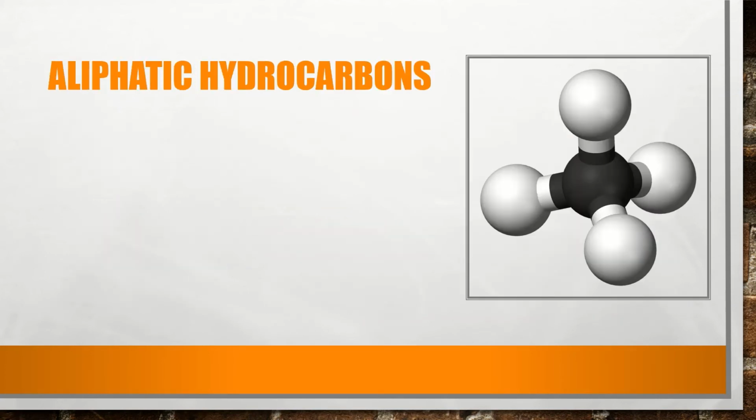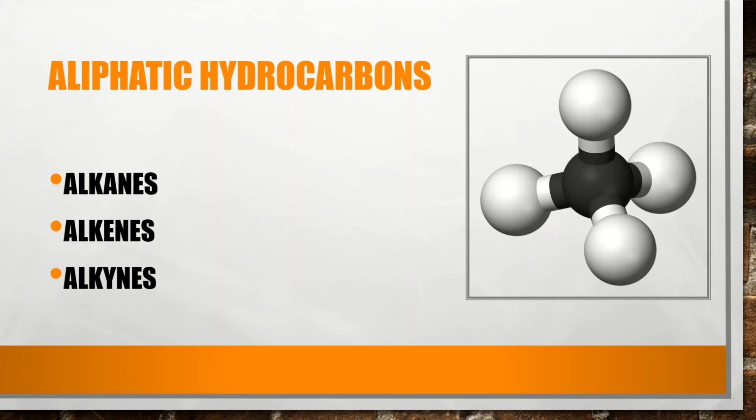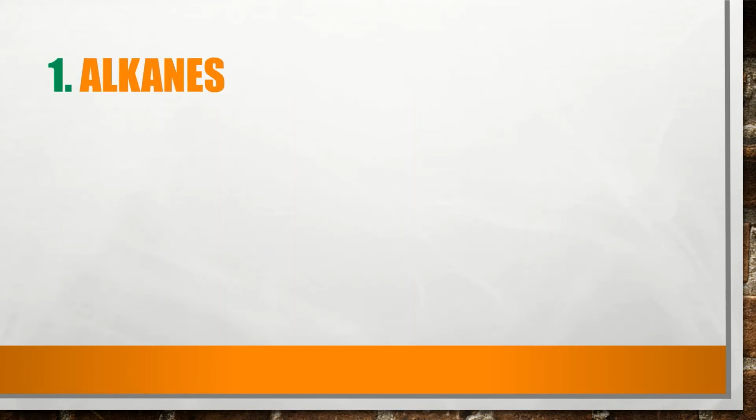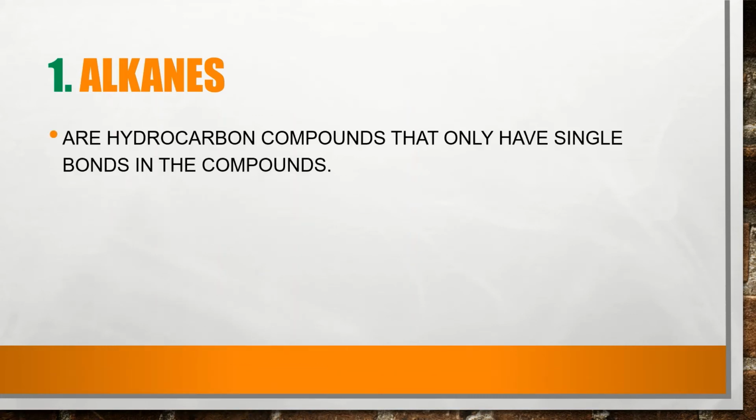Now, let's focus on the aliphatic hydrocarbons. Aliphatic hydrocarbons are divided into three main groups according to the types of bonds they contain: the alkanes, alkenes, and alkynes. Alkanes are hydrocarbon compounds that only have single bonds in the compounds.